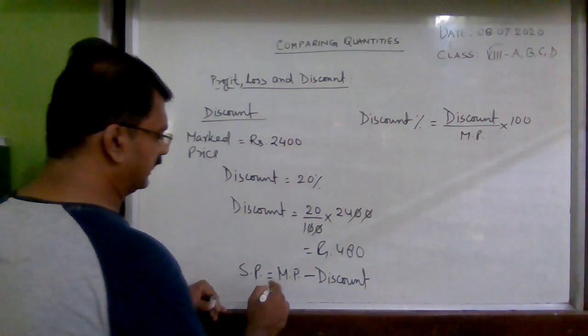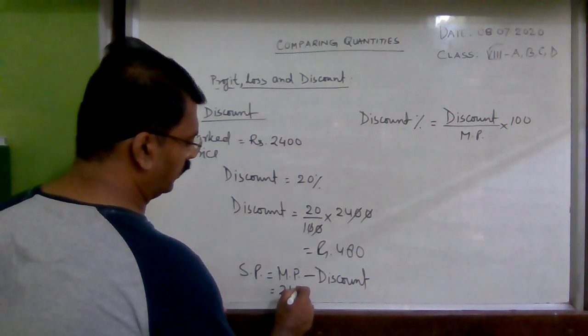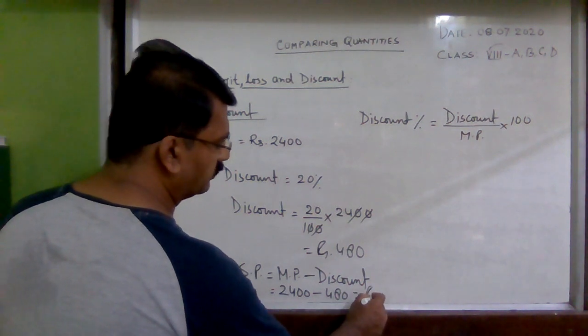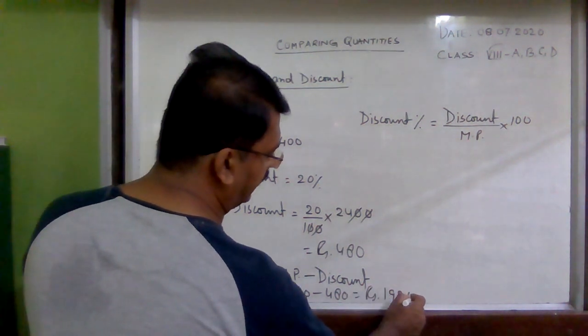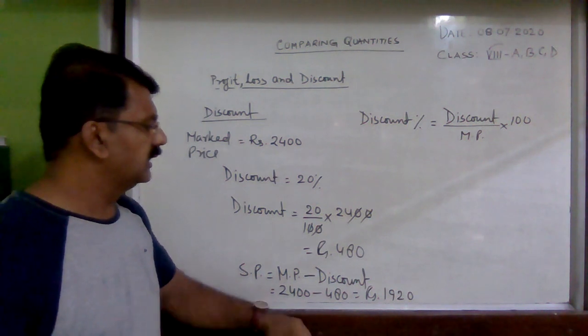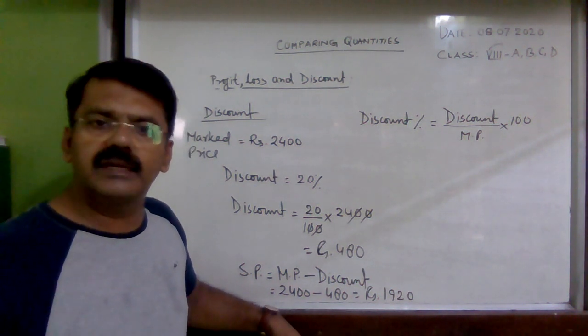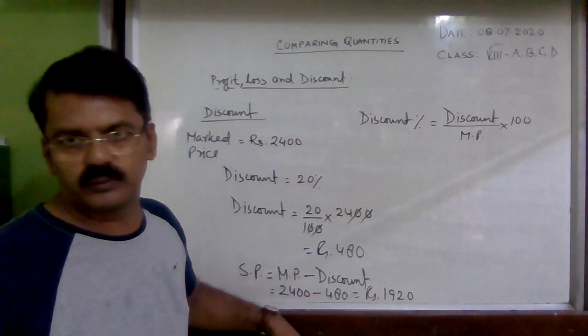So marked price minus discount, which is 2400 minus 480, that is equal to rupees 1920.